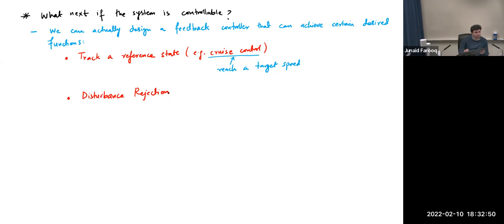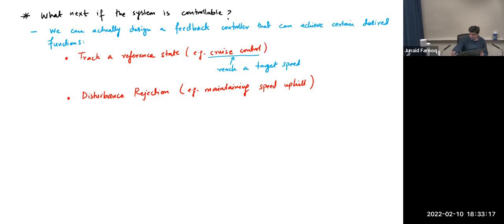In that case, you want to maintain your speed, and the controller will perform that function. Maintaining the same speed uphill is disturbance rejection.